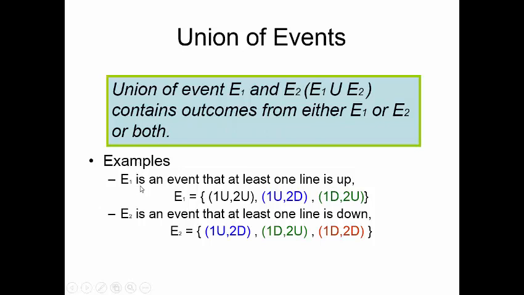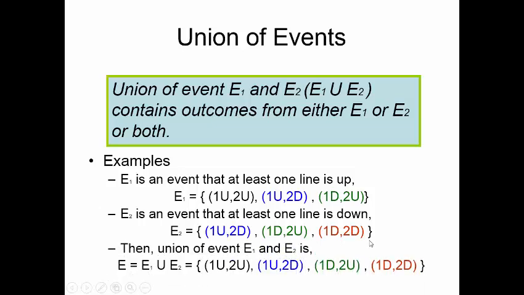Now, for example, E1 is an event that at least one line is up, which is defined by these states, and E2 is an event that at least one line is down: here one line is down, here one line is down, here both are down.